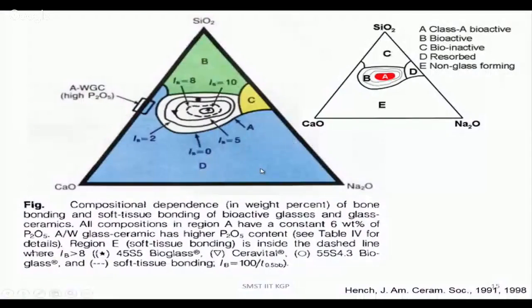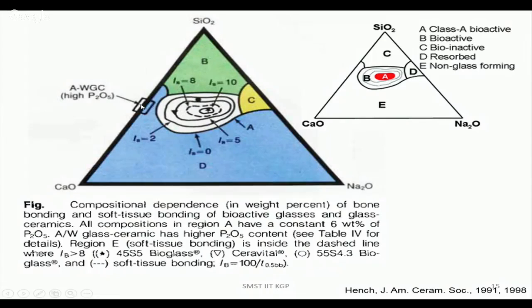This is the phase diagram of bioglass, and this is called a ternary phase diagram. I should not go into detail of the phase diagram, so I avoid it, just to mention: you have silica 100% here, calcium 100% here, and sodium 100% here.